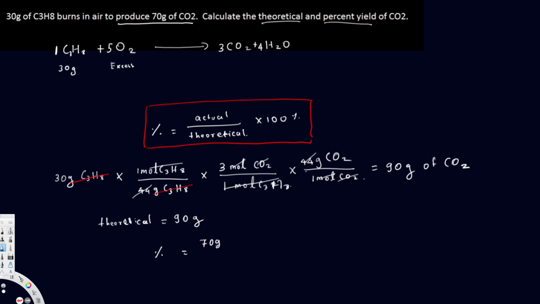And theoretical is the maximum that could be produced, so here the 90 gram. Then we multiply this by 100, and that gives the percentage yield, right? If you calculate this one, this will give you 77.8 percent. So this is the percentage yield of CO2.